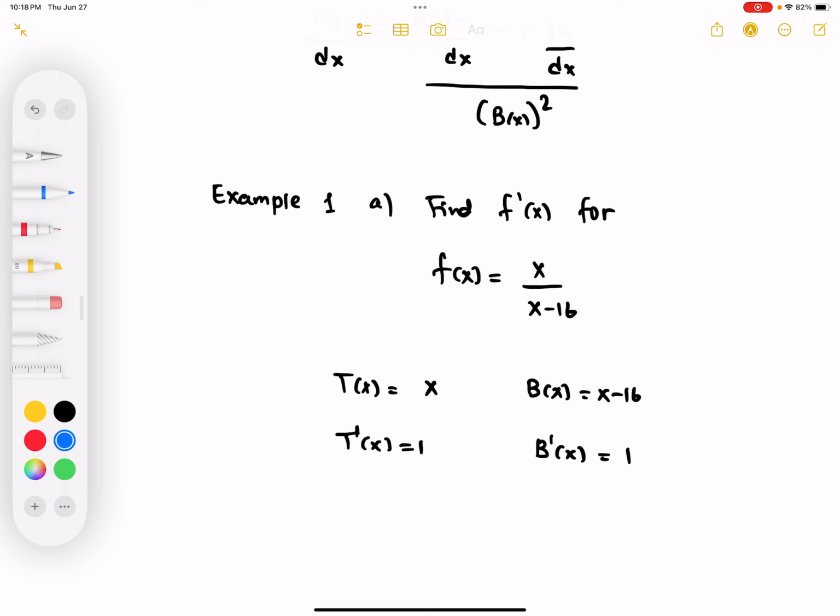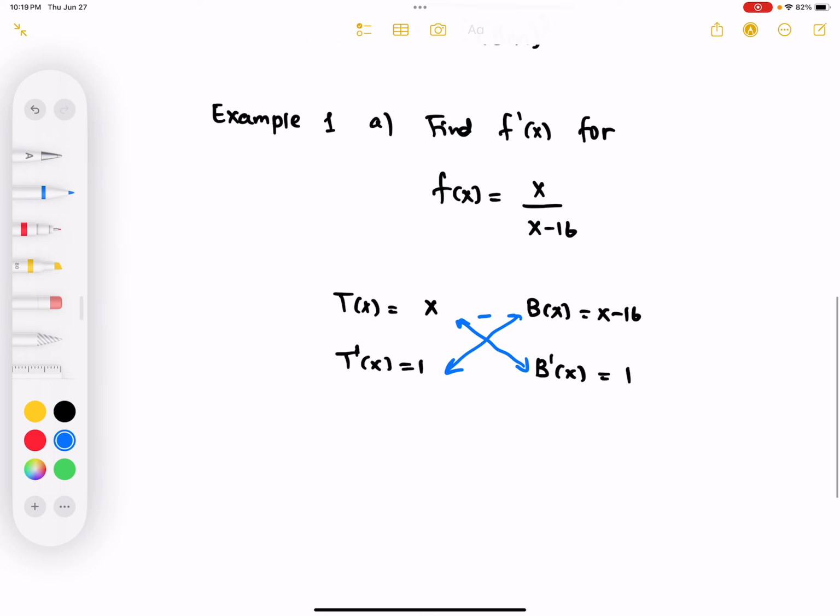Now look at this one. Multiply this one with this one and this one with this one, but in between just use minus, and square the bottom one.